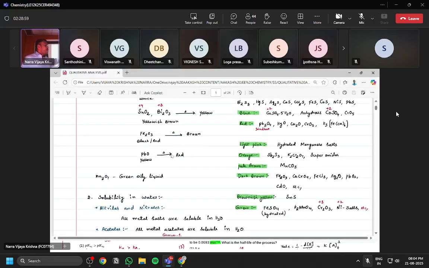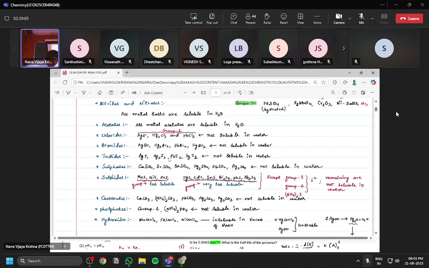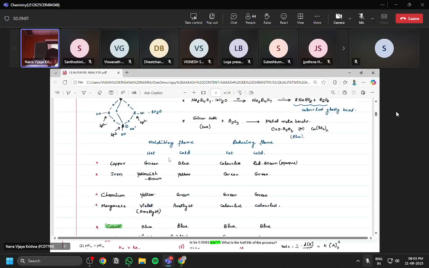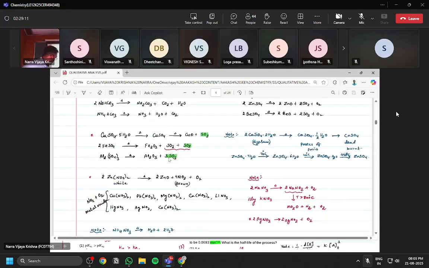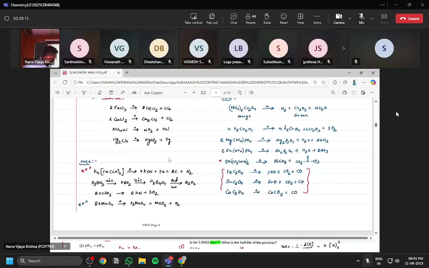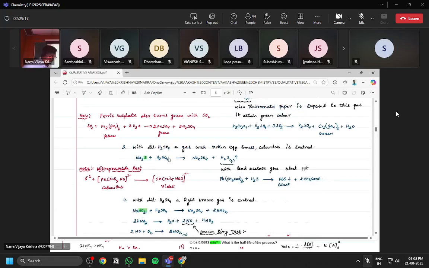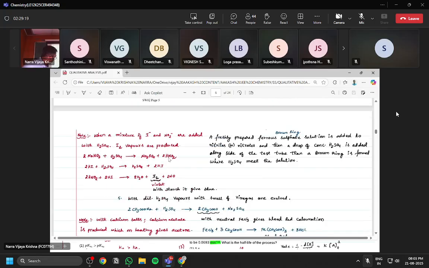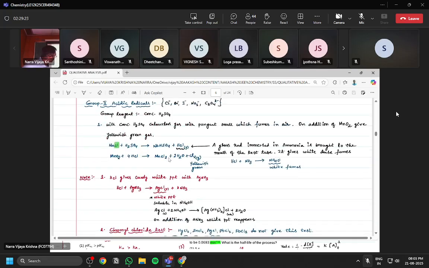But in lab, you will do this qualitative analysis, right? Class 12 laboratory, right? Laboratory test for chlorides. Here.